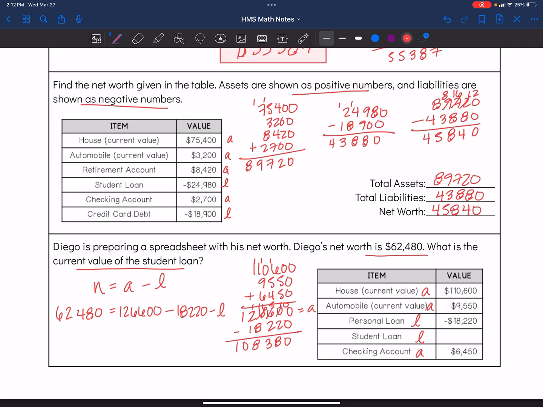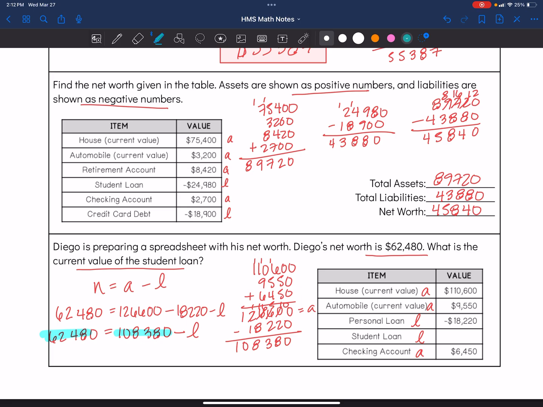Okay, so now I have 62,480 equals 108,380 minus L.